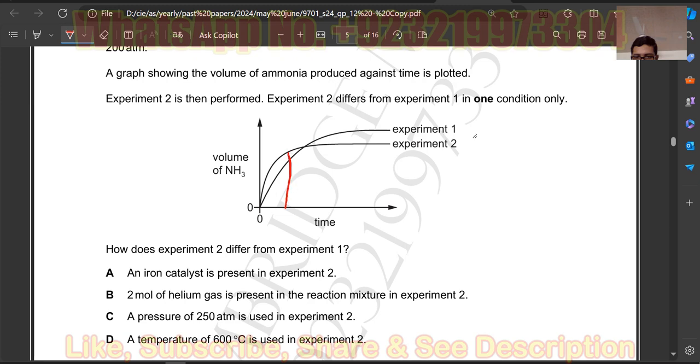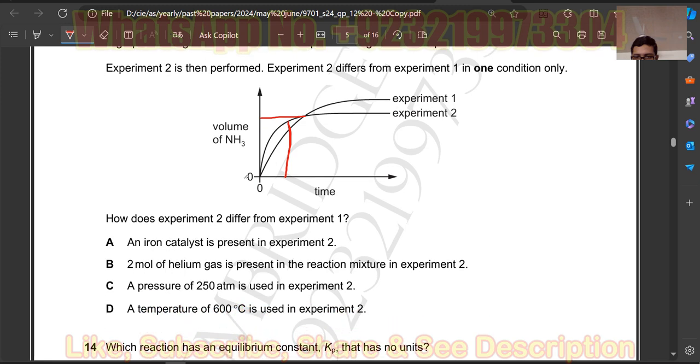It means experiment 2 was faster. And the second thing we see is that the formation of ammonia is less, or the volume of ammonia is less in experiment number 2. So we have to find those conditions which have put these differences in experiment number 2.